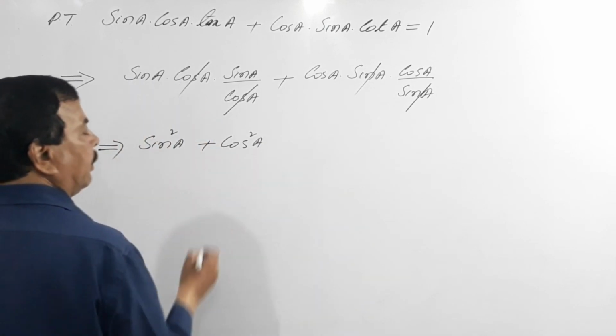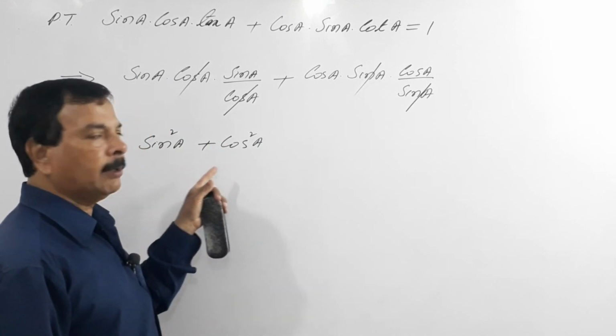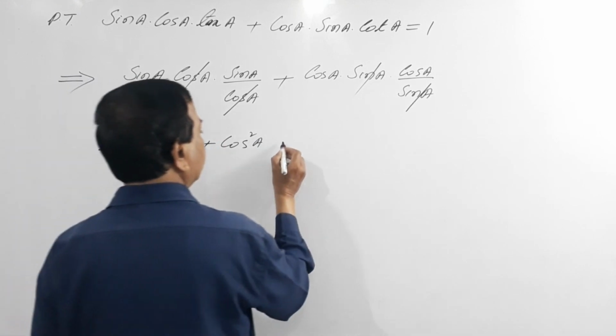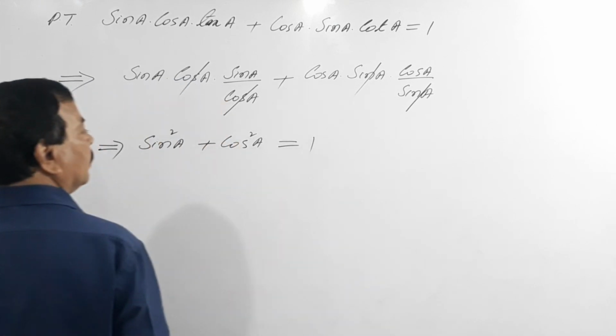So what is sin square A plus cos square A? We know sin square theta plus cos square theta equals to 1. So which is nothing but equals to 1, isn't it?